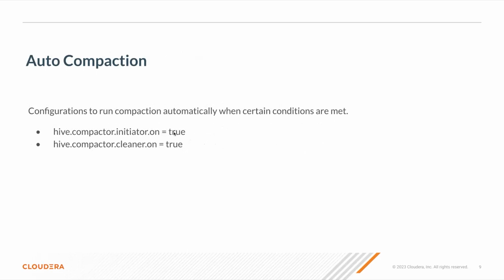This has to be set because initiator is the one that checks whether a particular table or partition is ready to be compacted. To check that, initiator thread has to be up, and in order for initiator thread to run, this particular configuration needs to be enabled. And for cleaner, I'll explain what is cleaner, but cleaner cleans up the data once the compaction is done. These 2 need to be enabled for compaction to be completely done.